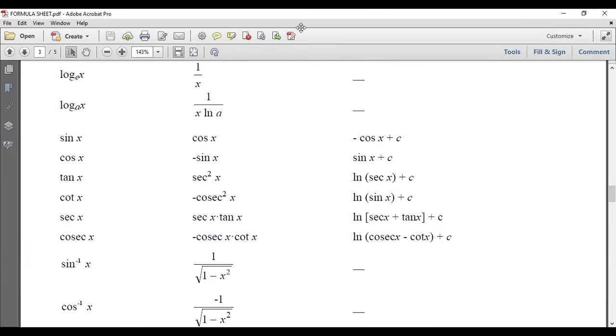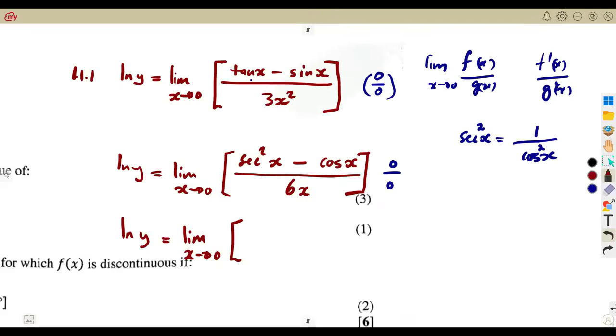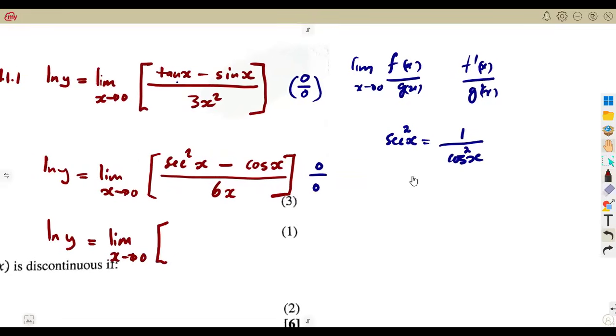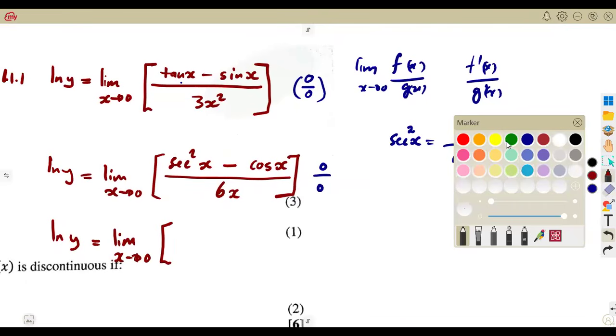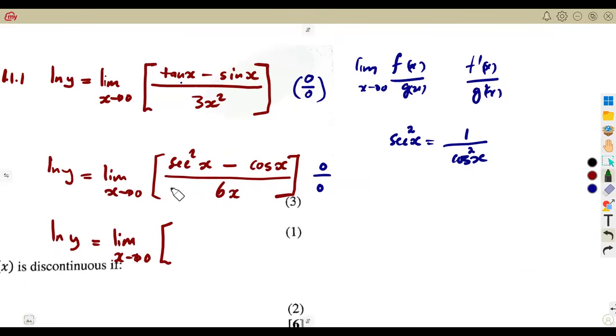Because that is not given. All right, I want you to take note of the sec squared. It's just like you are given your function of a function. Remember your derivatives from your mathematics N4. If I'm given the sine x squared like this, what does it mean?